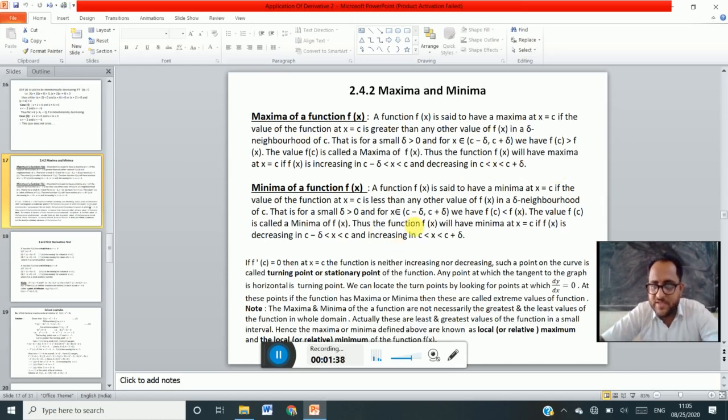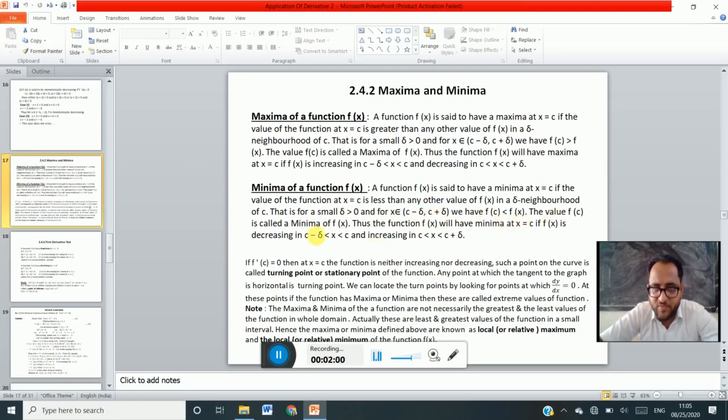In the opposite case, the function is said to have a minimum at x equals c if the value of the function at x equals c is less than any other value of f of x in the delta neighborhood of c, that is, for small delta greater than 0 and for x belonging to c minus delta, c plus delta, we have f of c less than f of x.